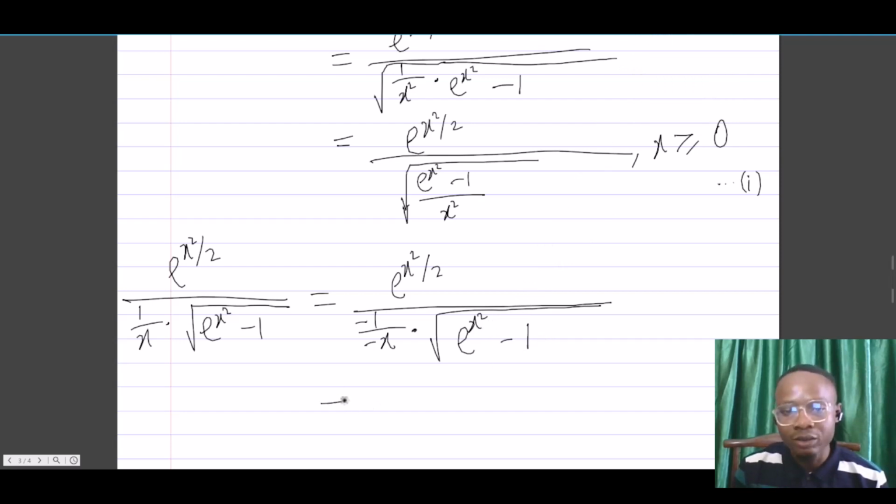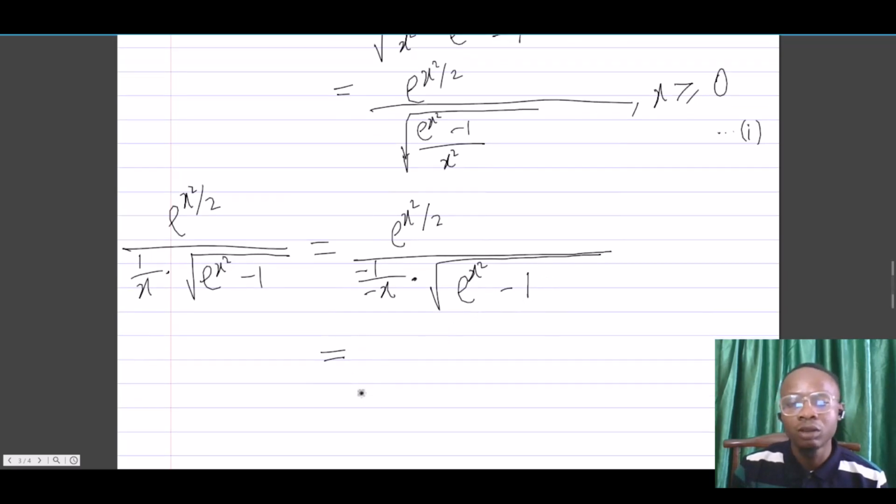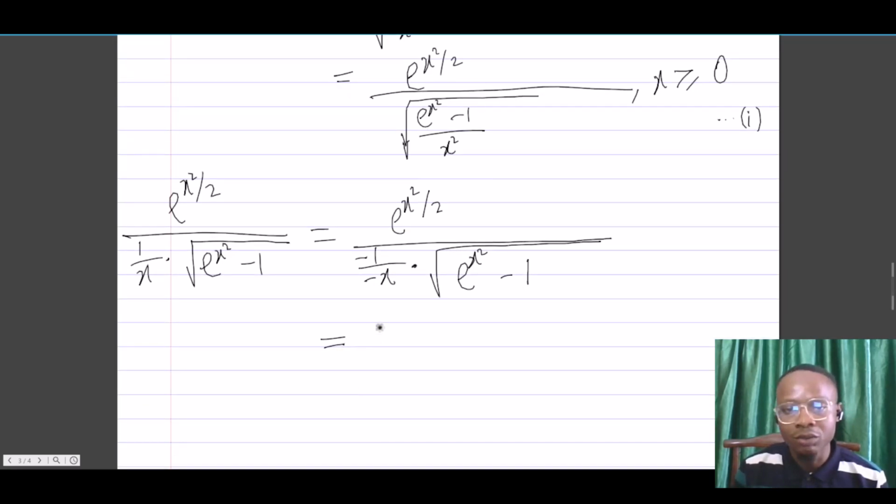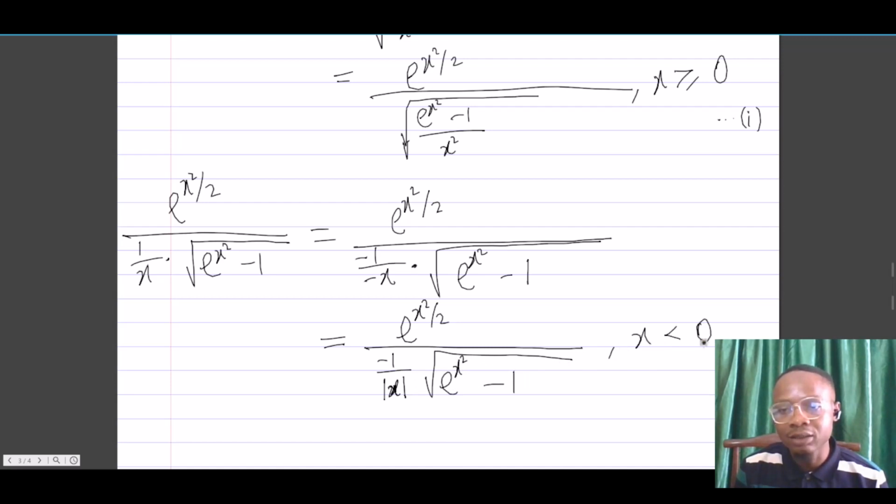So with this, this expression is equal to e to power x squared over 2 divided by, instead of this, minus 1 divided by modulus of x. I know that minus x will be equal to modulus of x for x less than 0. So this is going to be applicable when x is less than 0.